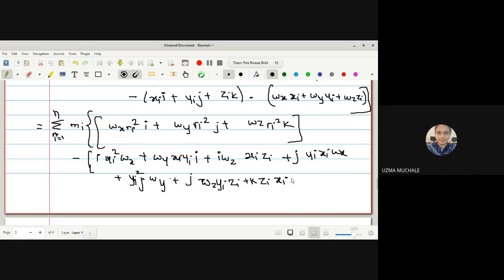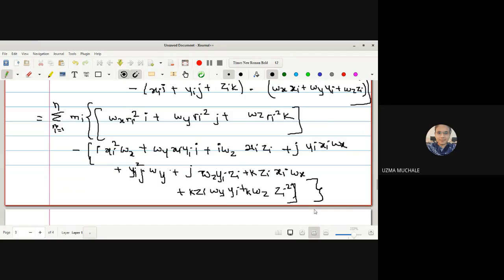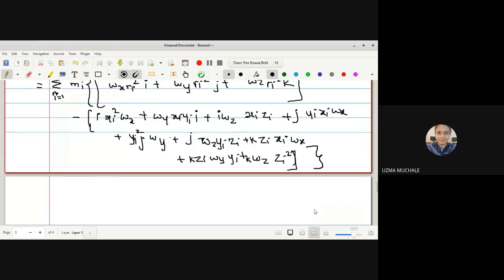Last term I am multiplying, this is wx plus zi, this k outside, wy yi plus wz as it is, k outside, and zi into zi that will be zi square. Now this square bracket is completed, and the curly bracket because mi is common for all.